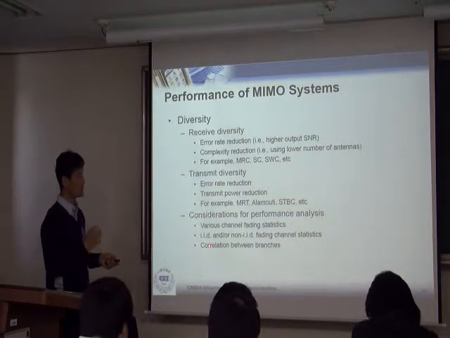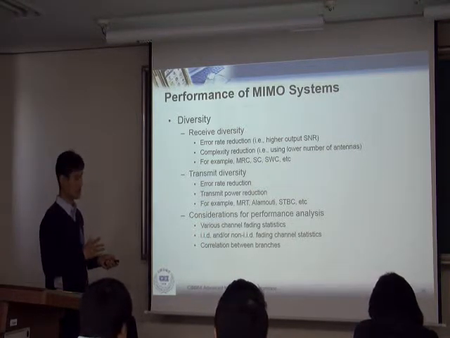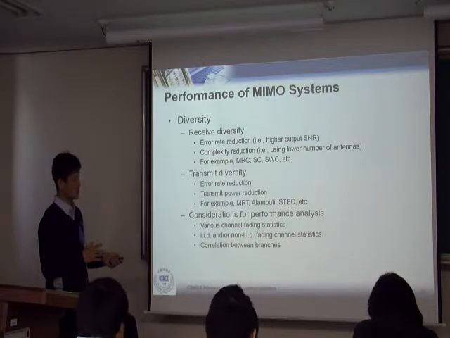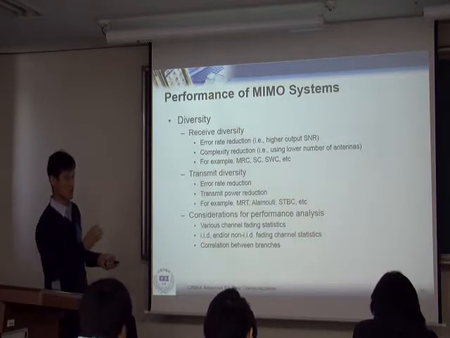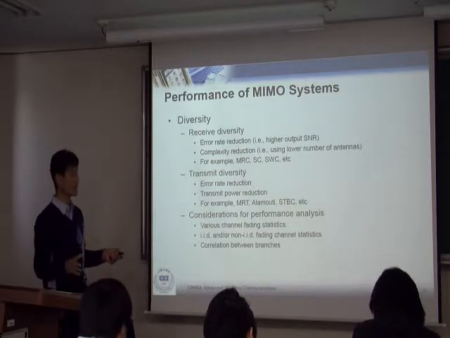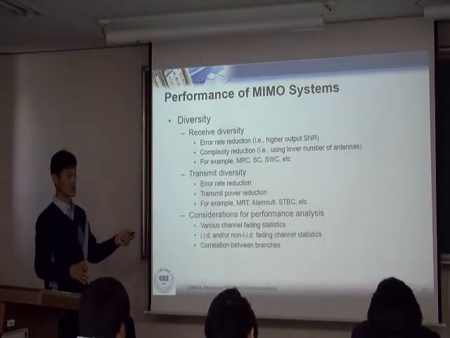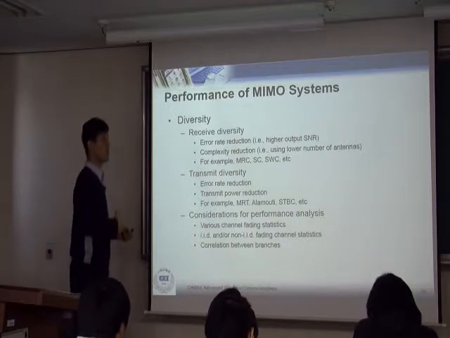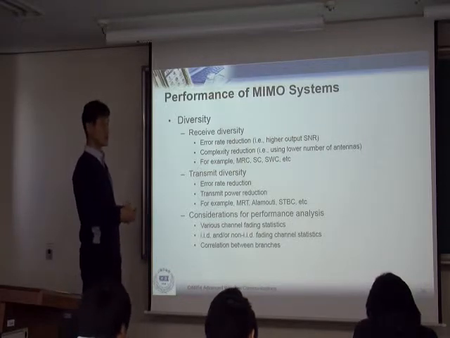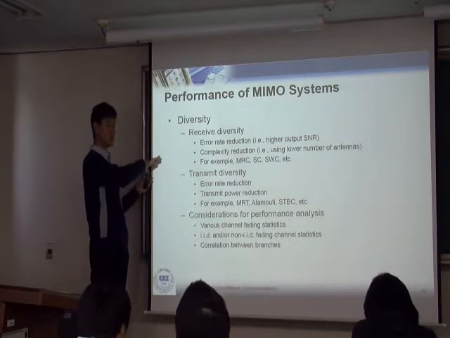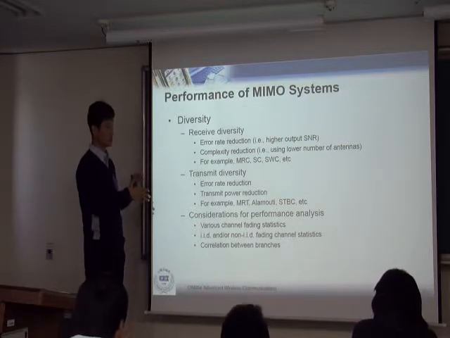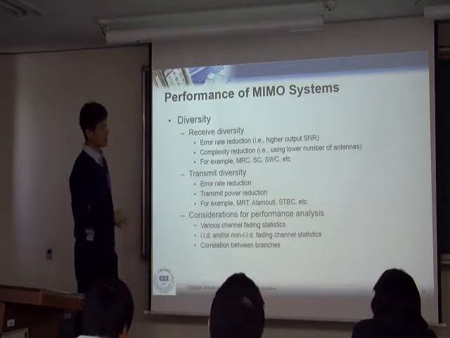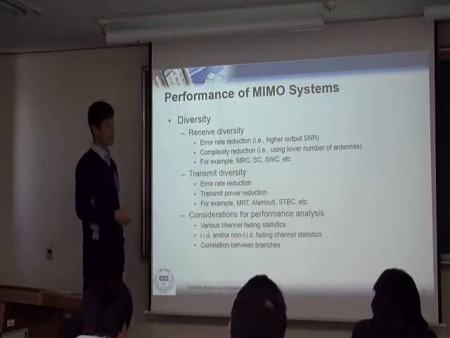And no correlation between antennas, meaning branches. I'm going to assume no correlation between the 2 antennas. That's going to be a simple assumption. Then I'm going to analyze the error rate. That's going to be the first approach. If you do that, then the previous Q function, alternative Q function, and those things will help you to do an analysis.